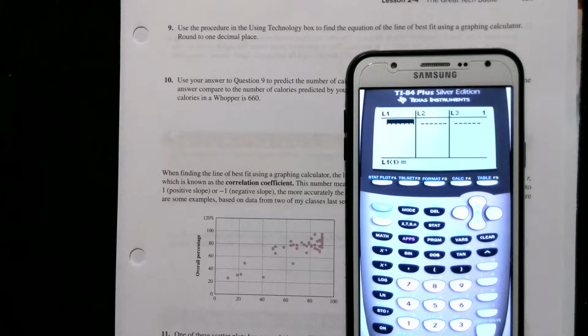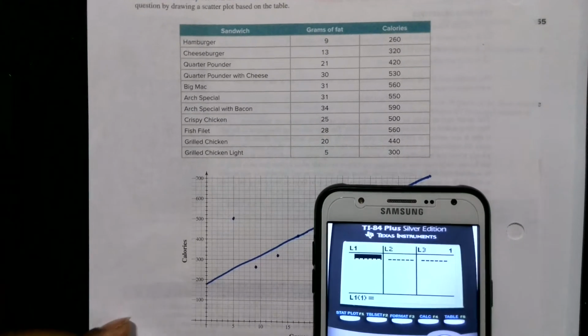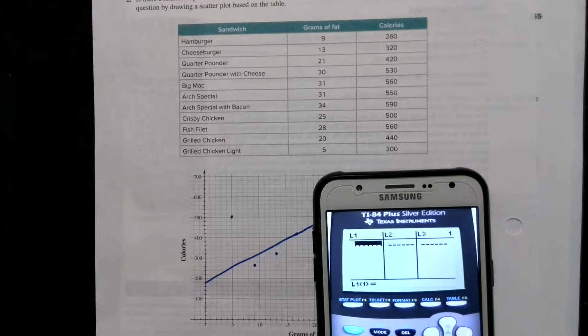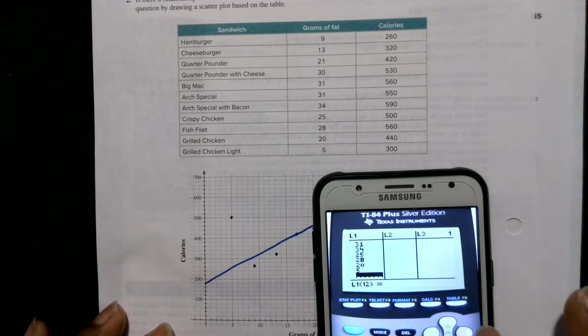Now we have to go back to page 152. And we need to enter in the values that we have from this table. Now, the grams of fat will be our L1 or our X value, and the calories would be our L2 or our Y values. So it'll be 9, 13, 21, 30, 31, 31, 34, 25, 28, 20, and also 5.